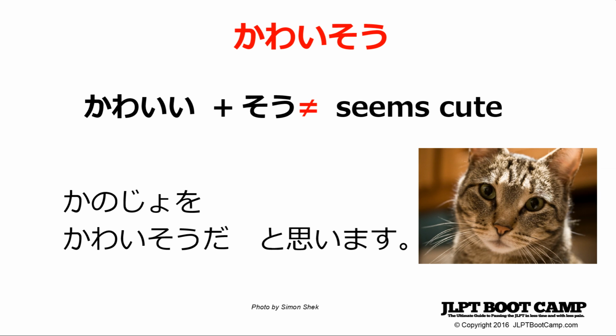Or, for example, this sentence, "Kanojo o kawaisou da to omoimasu." So kanojo is her, she, and o is the object marking particle. Kawaisou is pitiable, poor thing. Da is just part of the structure there, souda.